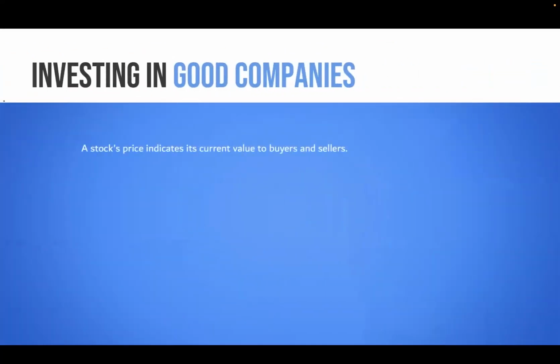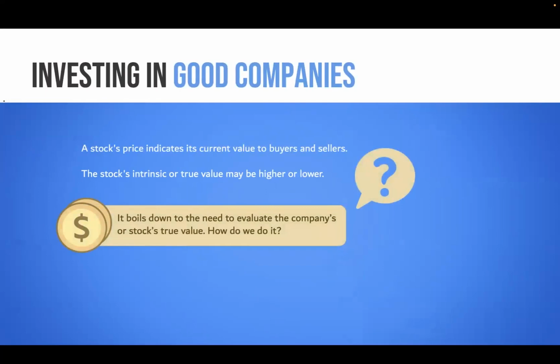As you all know, a stock's price indicates its current value to buyers and sellers, and the stock's intrinsic or true value may be higher or lower. It boils down to the need to evaluate the true value of a company or stock. Our goal is to find out exactly what that value of a company is.